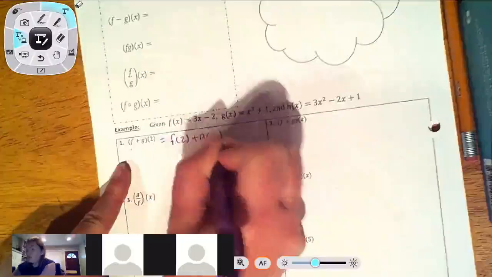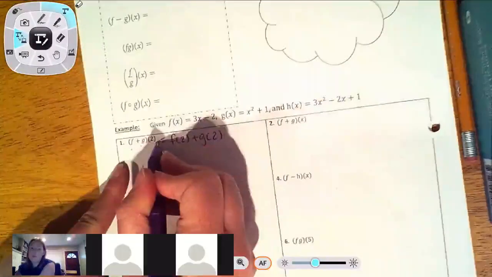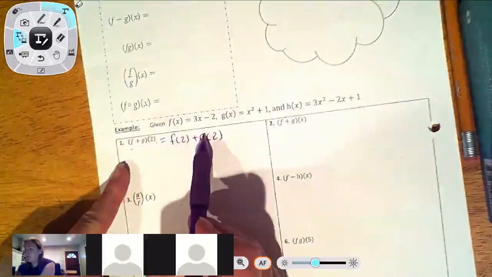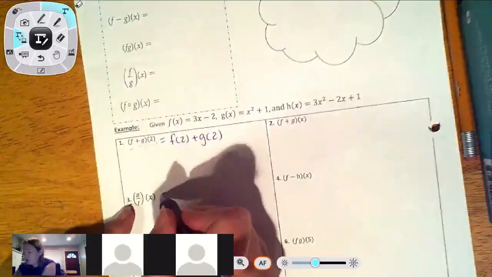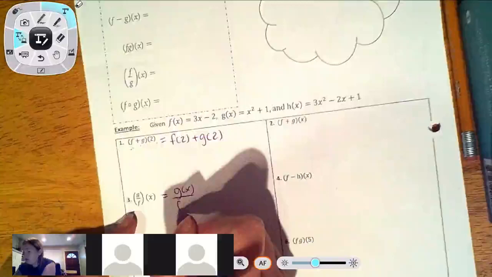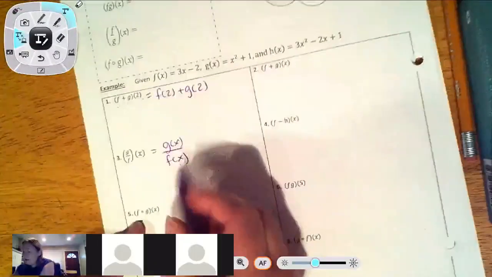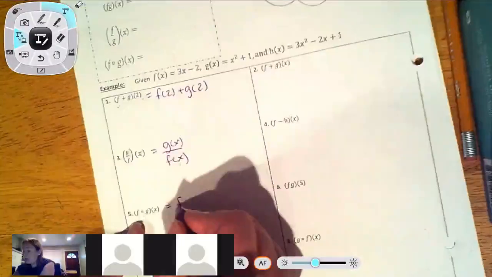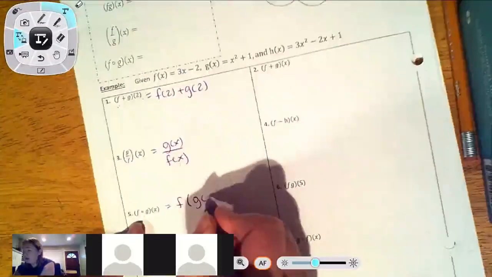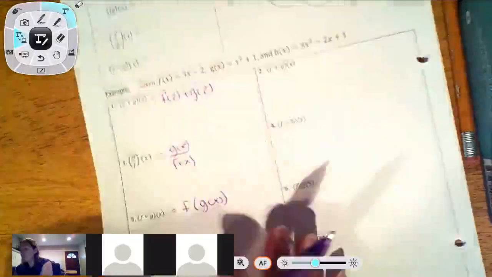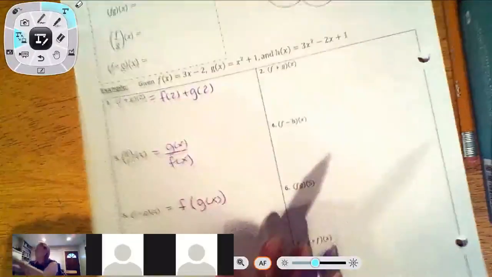Because they're both of 2, we can write it originally in the simplified format. But in order to evaluate, you need to split it up. Same with this. You need to split it, but they're both going to be evaluated at x. This open dot is for a composite, so another way of writing it like this. And so we're going to talk more about that. So let me go back to the other page. We'll do some of those.